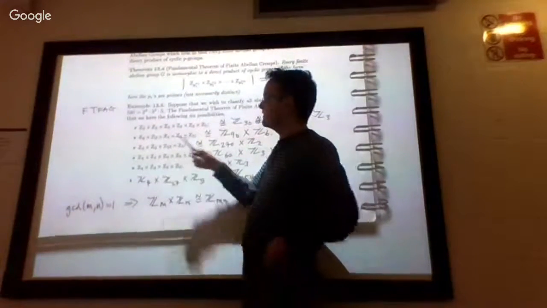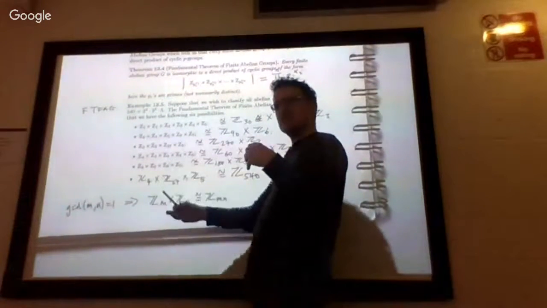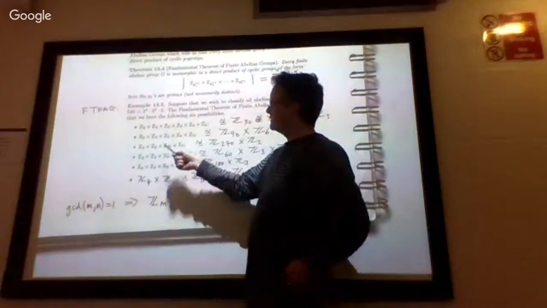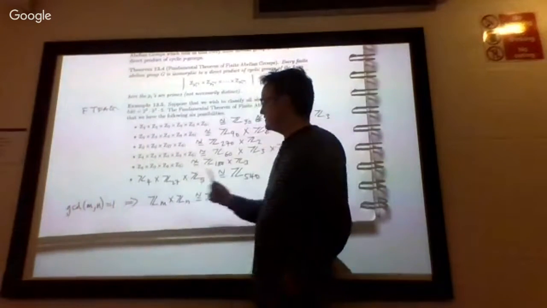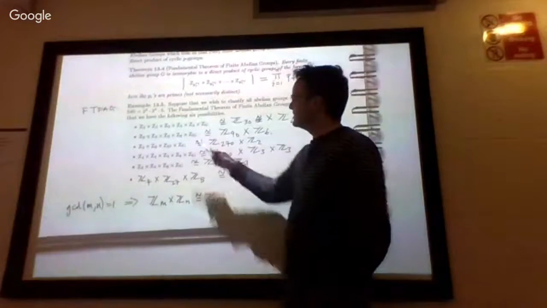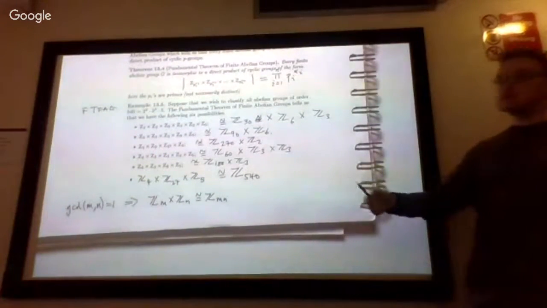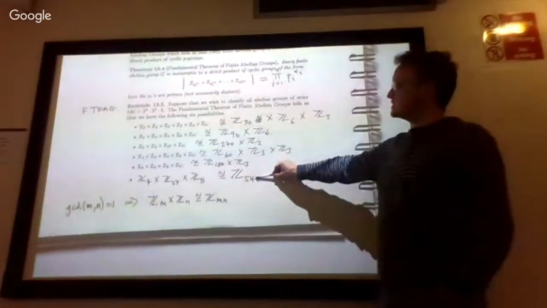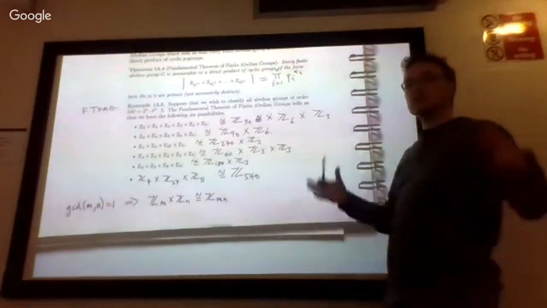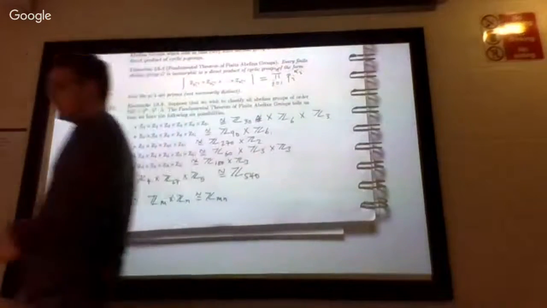And you can't break down that Z27 into Z3 times Z9 because 3 and 9 are not co-prime, so you can't make use of this. So these representations are where you're using a direct product as long as possible. This representation is where you're using a direct product as short as possible.